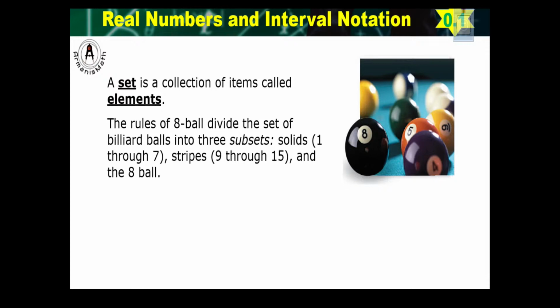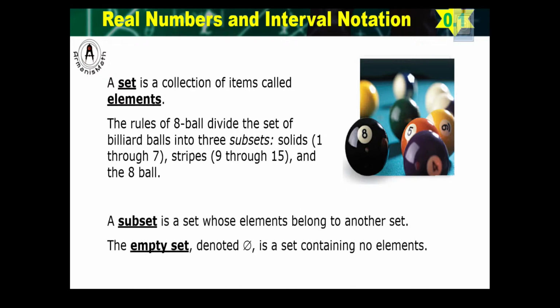Here's some other definitions. A set is a collection of items called elements. We talked about that earlier. For example, here they're giving you the rule. The rule for 8 ball divides the set of billiard balls into 3 sets, if you've ever played pool, by the way. The first one is solids, 1 through 7. The second one is stripes, 9 through 15. And the 8 ball, obviously.